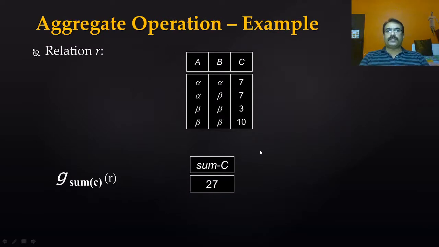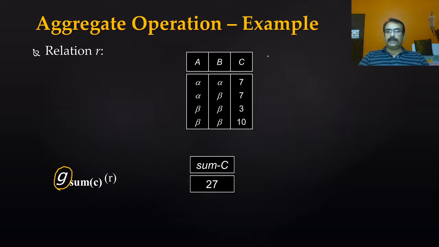The aggregate operation, aggregate functions which you are well aware of. The aggregate functions are max, mean, sum, count. These are the functions which we have already learnt in SQL, so I'll not go into much detail of that. I'll just tell you what kind of representation it has. It has a representation with this symbol.